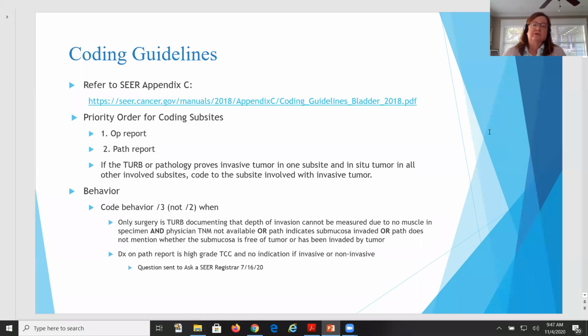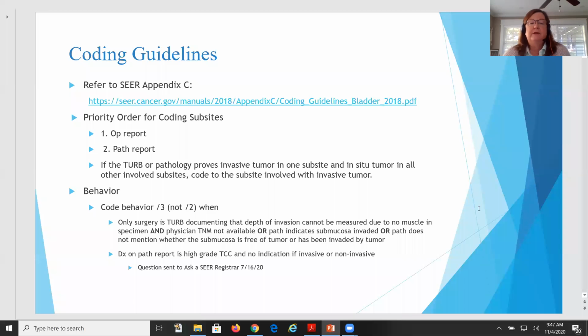If the TURB, and for those of you new to the profession, TURB is transurethral resection of bladder, sometimes you'll also see it abbreviated as TURBT for transurethral resection of bladder tumor, if the TURB or pathology proves invasive tumor in one subsite and in situ tumor in all other involved subsites, code to the subsite involved with invasive tumor.